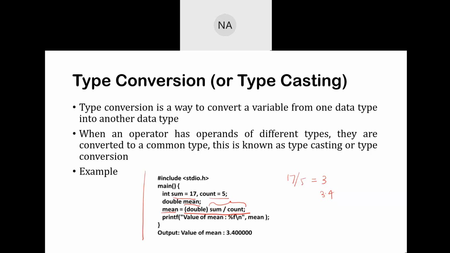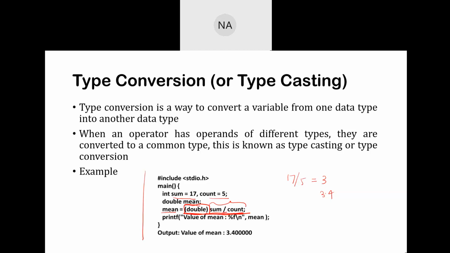You can use type conversion, typecasting. The method is that just before the expression, within small brackets, you write the data type you want to convert your expression into. Now this expression has two operators, the typecasting operator and the division operator.